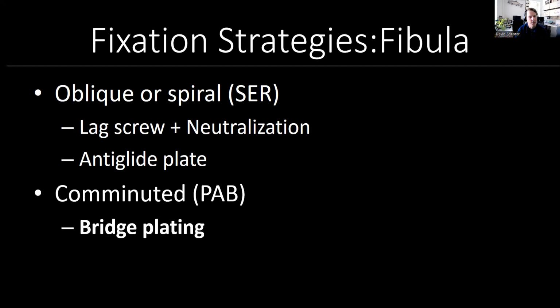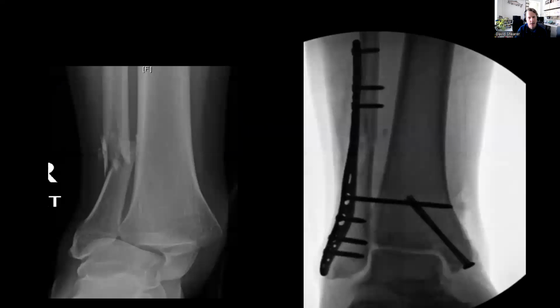The other common fibula pattern is a more comminuted fracture, such as in a pronation abduction type injury. These can be treated with bridge plating, using either direct or indirect reduction techniques. These are often fractures where you might consider using a pre-contoured or even locking plate, depending on the bone quality, although it's not required.